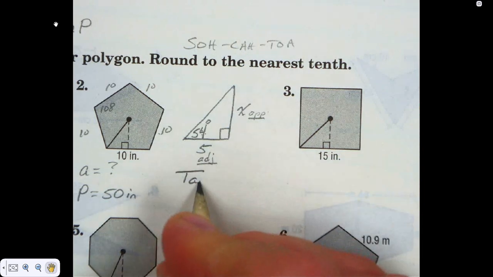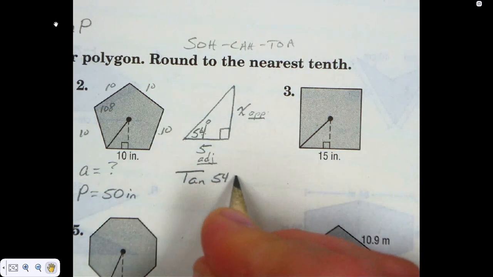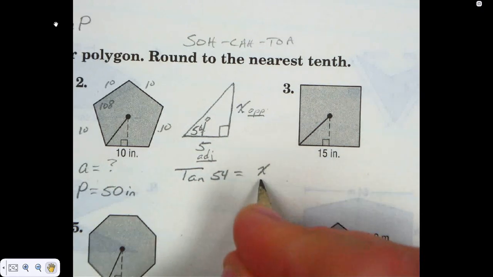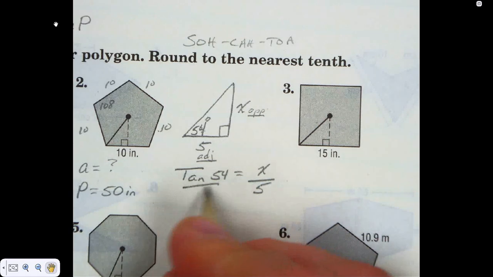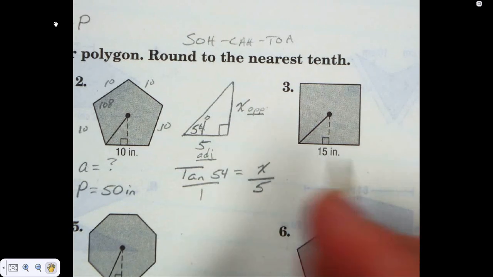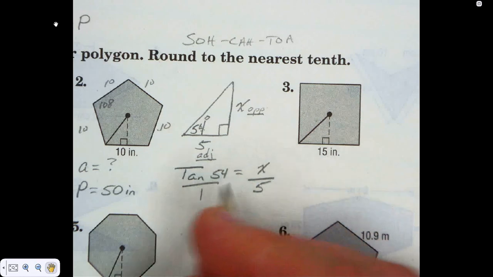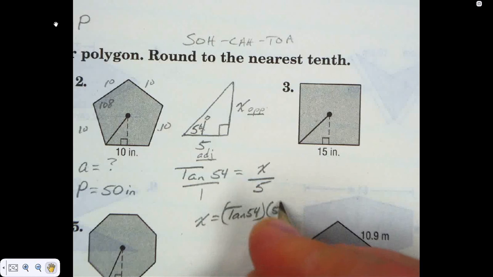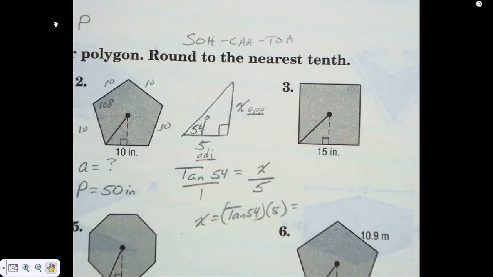So the tangent of 54 degrees is equal to the opposite, which is x, over the adjacent, which is 5. To find x, all we have to do is cross multiply and solve. So x is going to equal the tangent of 54 times 5.